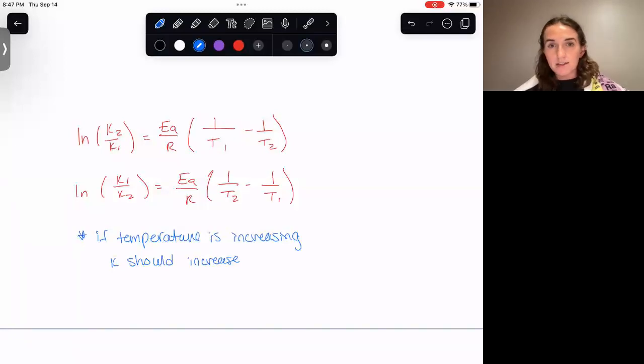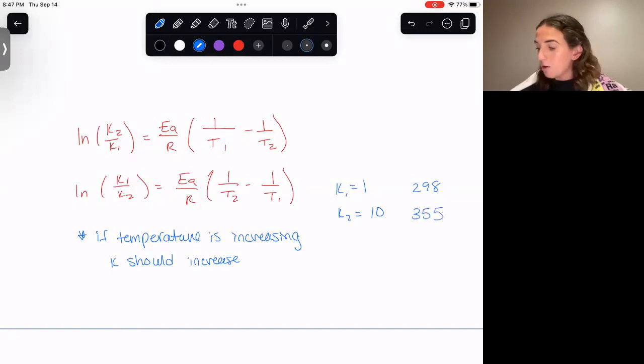You cannot decrease K as temperature is increasing. I say this because if the question says solve for another K, or solve for another temperature, and K1 is 1 and K2 is 10, you should expect that your temperature should maybe be 298 and then something higher, like 355.